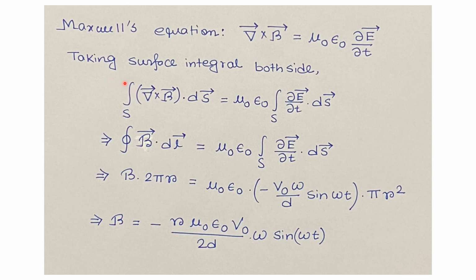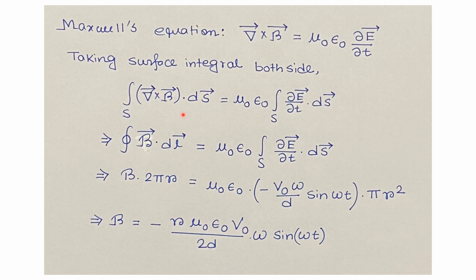Now we will take the surface integral on both sides of this equation. It is given by the surface integral of the curl of B equals mu naught epsilon naught times the surface integral of del E by del t. Here the surface is the surface area of the small loop of radius r that has been shown in the schematic in the first slide.